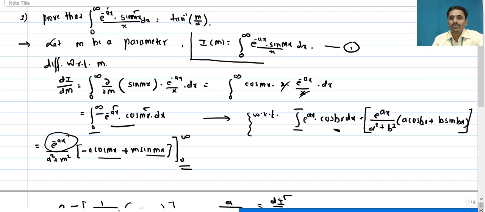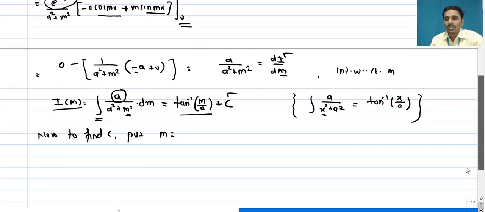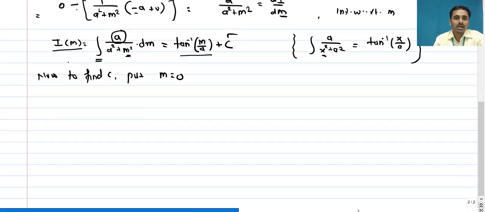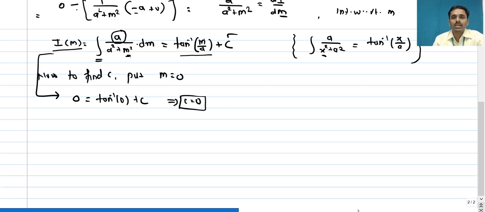Now for this I of m, if we put m as 0, then sin 0 is 0, therefore the entire integral value is 0. Therefore putting m equal to 0 here, I of m is 0, so tan inverse of 0 plus c, and that's why c is also 0. Put this value here, and we get the final answer as I of m, or only the integral, is tan inverse of m upon a, and that's it.